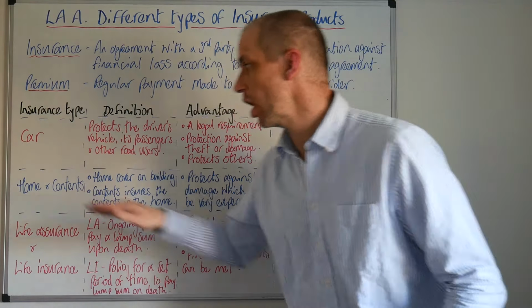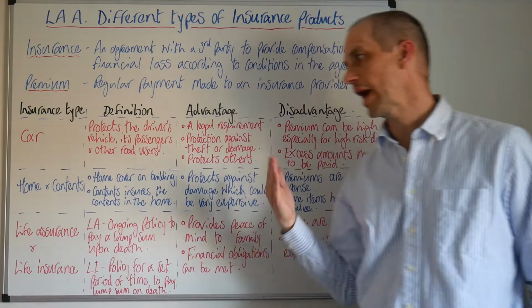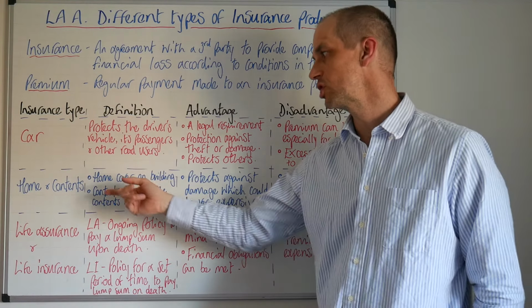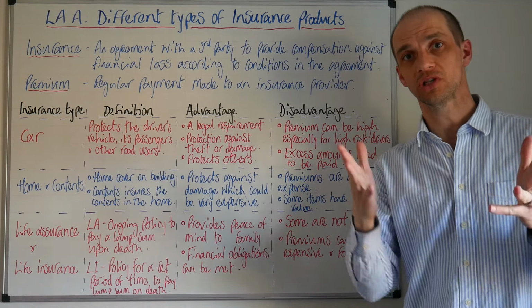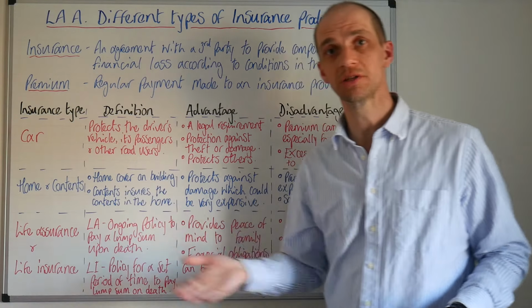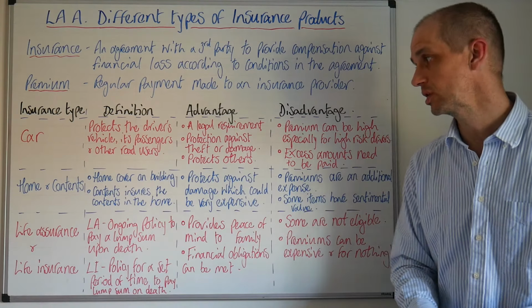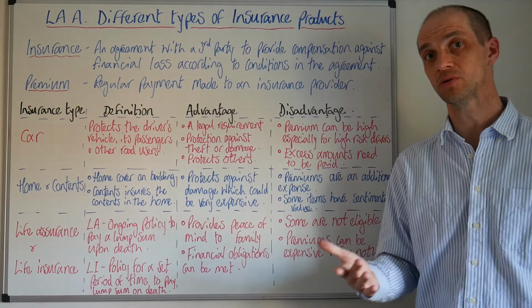Okay, then we've got home and contents. So now, moving on to look at home and contents insurance. Home cover is obviously on the physical building itself, on the structure of the building and the integrity of that structure, as well as protection against fire and things like that. It also has contents insurance here on your specification.